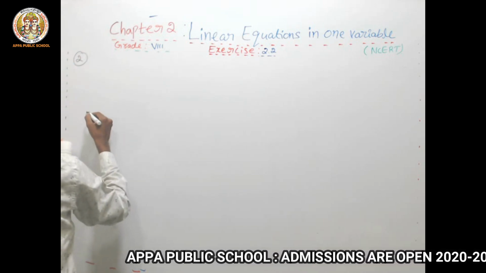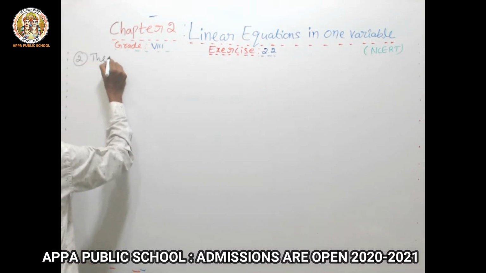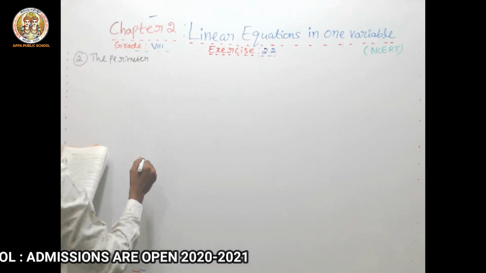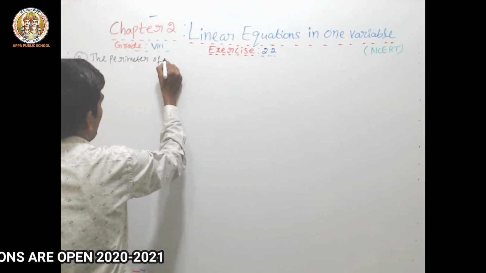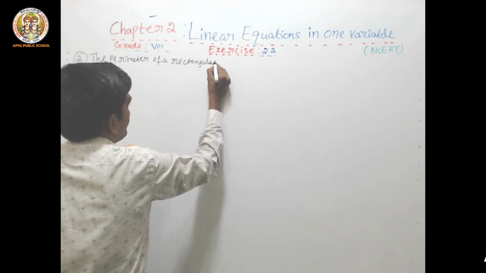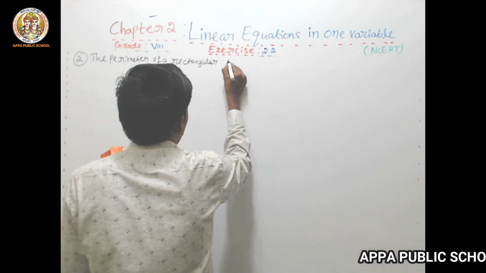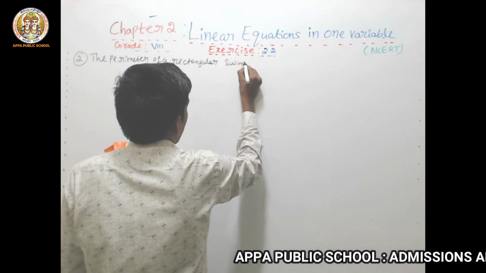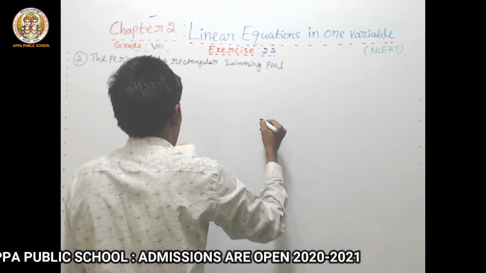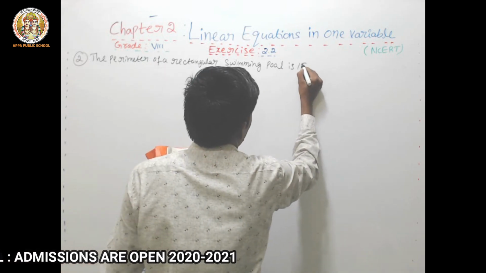Second problem, my dear students. The perimeter of a rectangular swimming pool is 154 meter.